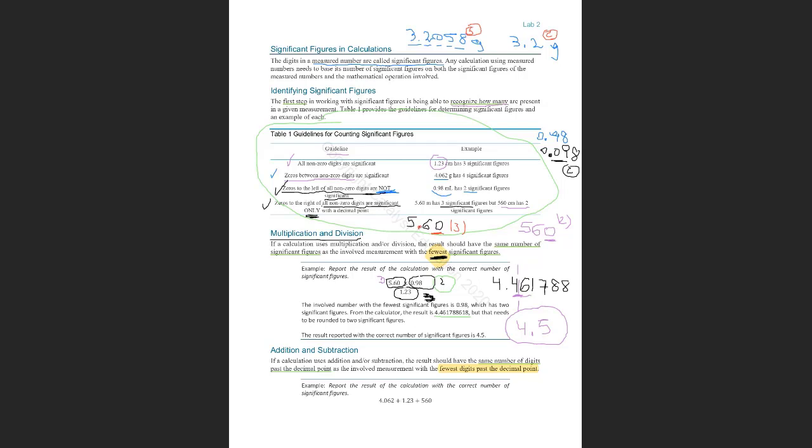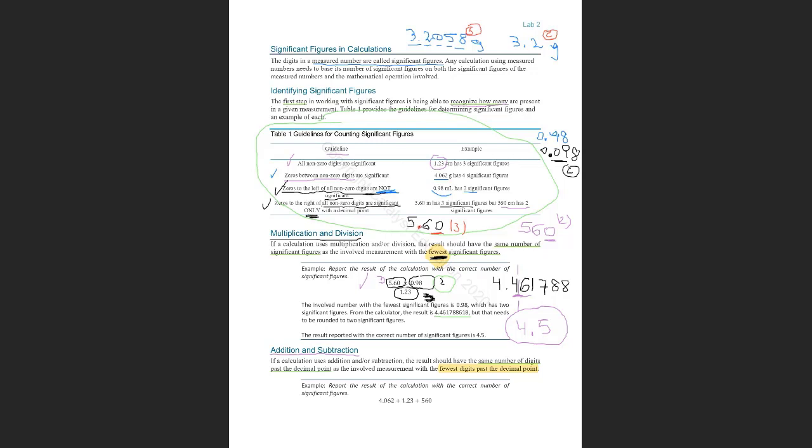Okay. Addition and subtraction. So let's refresh. When we do multiplication, we look at sig figs as we did here. But it's a little different when we do addition and subtraction. We don't look at sig figs. Look at what it says here.